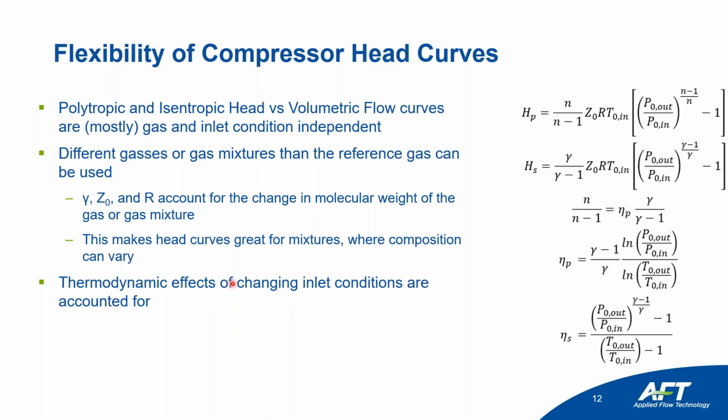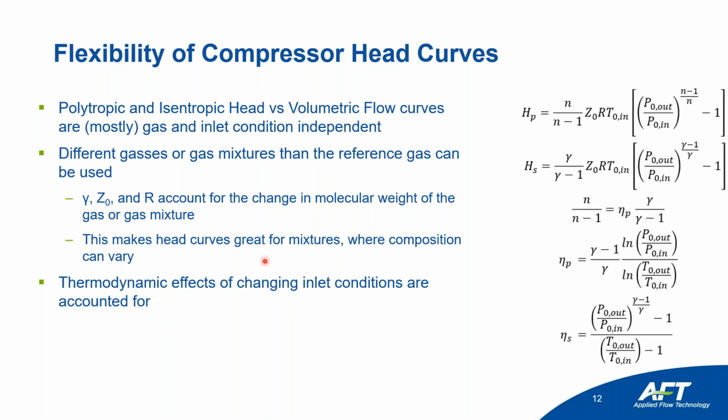So the other thing is the thermodynamic effects of changing inlet conditions, so inlet pressure and temperature, are accounted for as well through these equations. Even the velocity changing at your compressor inlet, because these are all stagnation properties.